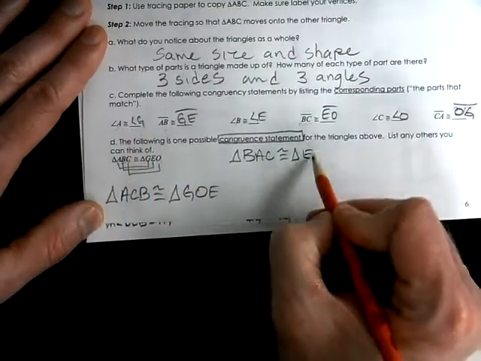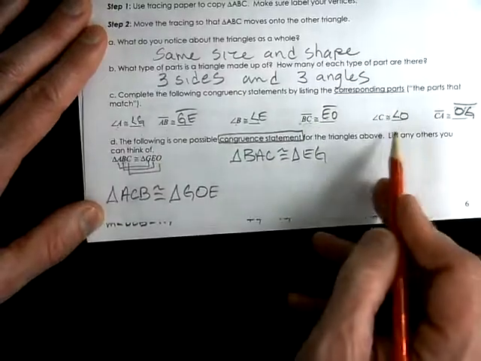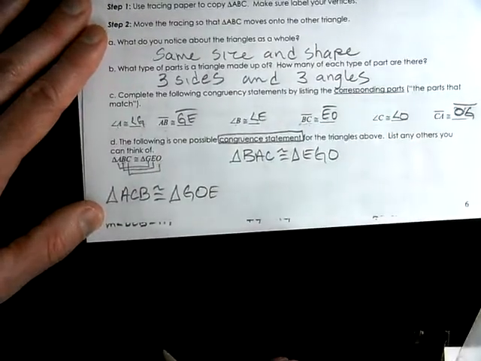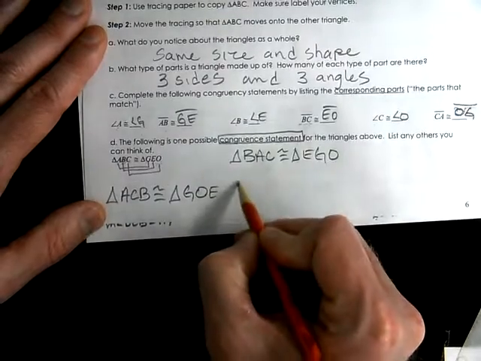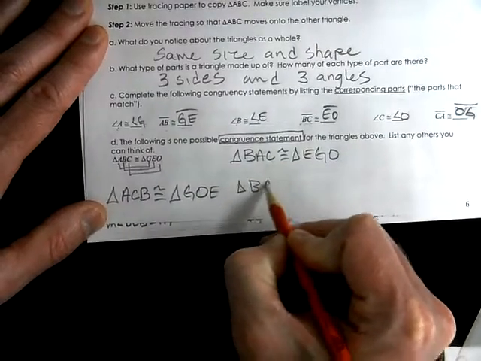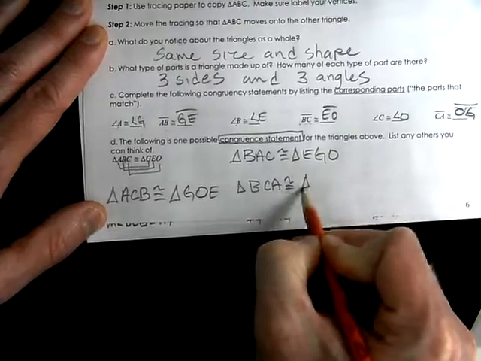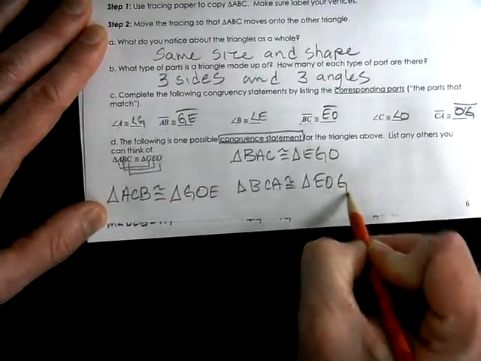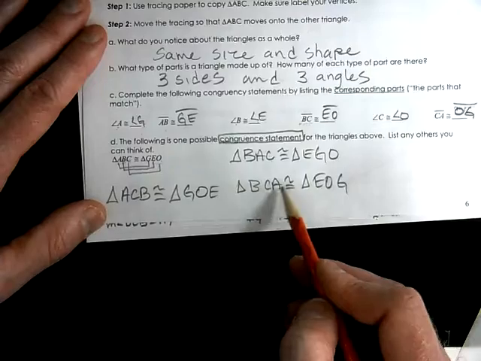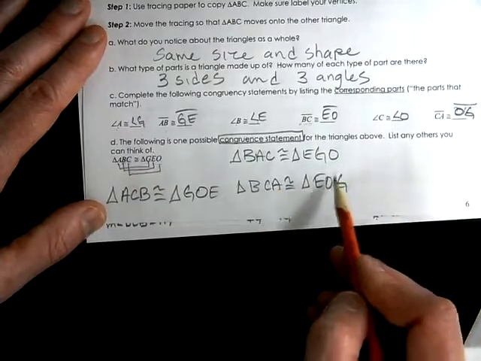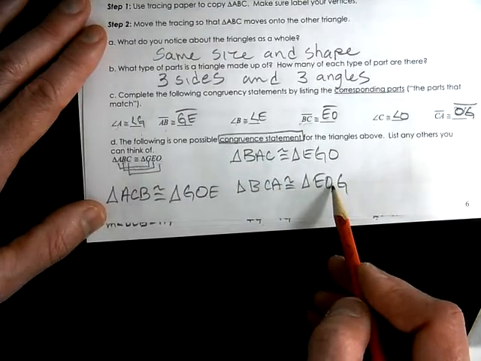A corresponds with G. And C corresponds with O. Triangle BCA is going to be EOG. So if we change the last two letters, we've got to flip-flop the last two letters.